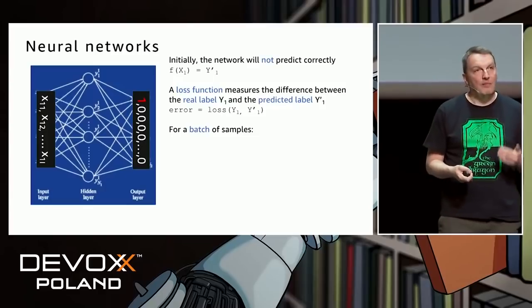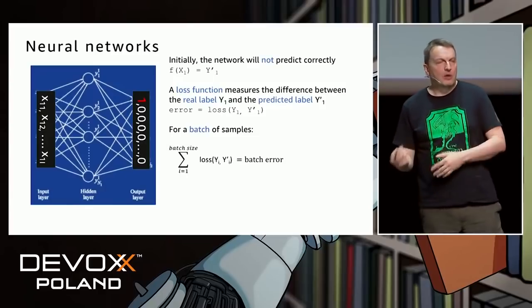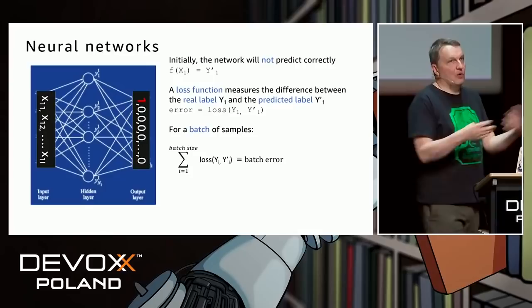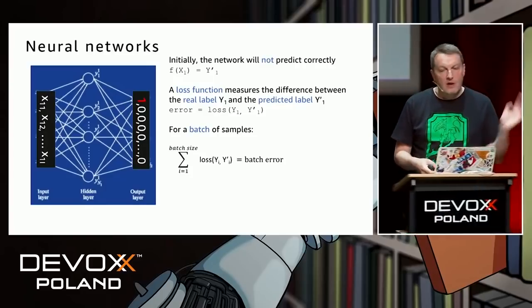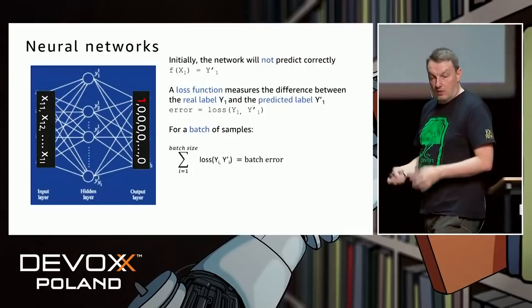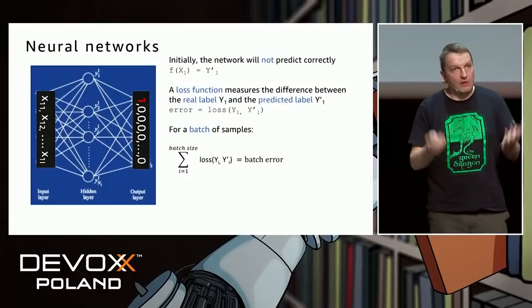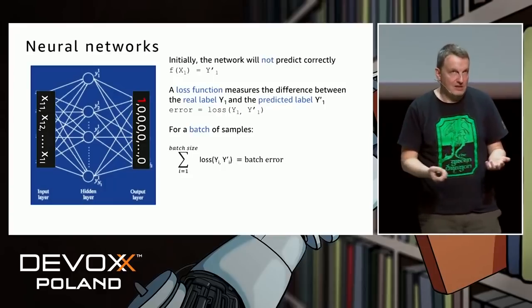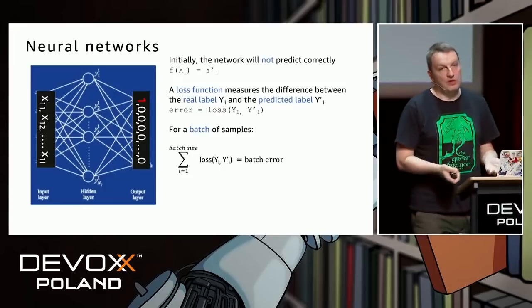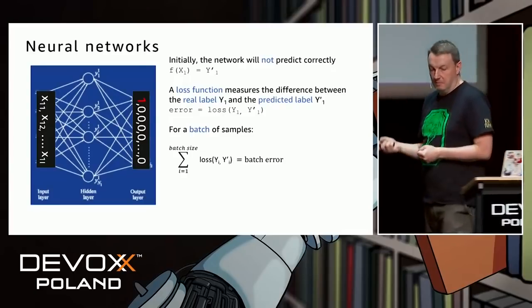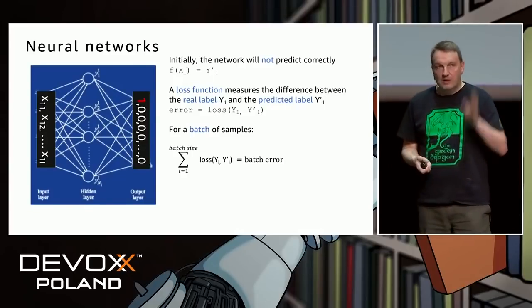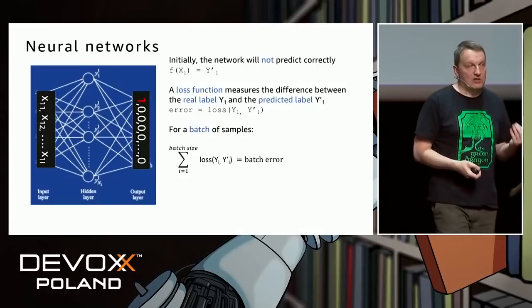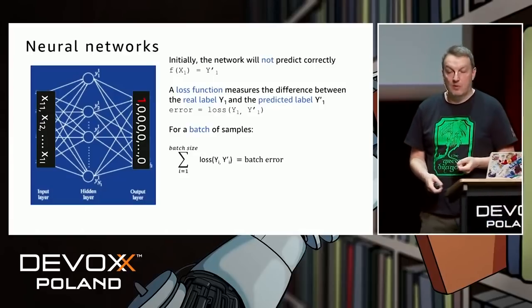So we actually train on batches of samples. We're going to take 32 samples, 64 samples at a time, run them one by one through the model, and compute the total error for the batch. And then we're going to make decisions on how to reduce the error. More on this in a minute. So keep in mind, we train on batches of samples, not individual samples.